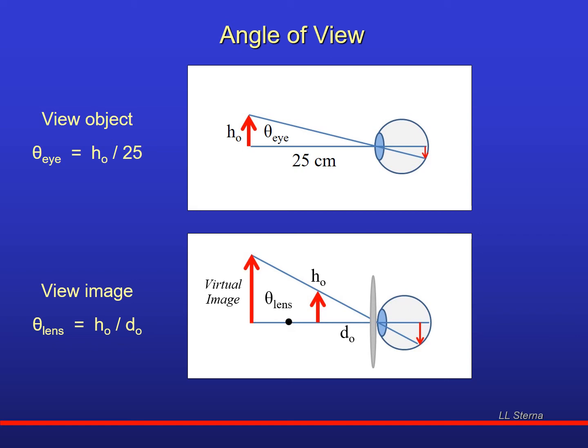Now, the virtual image is bigger, it's further away, therefore, the same angle of view from the virtual image as from the object. Only now, because of the lens, the object is closer than 25 centimeter.